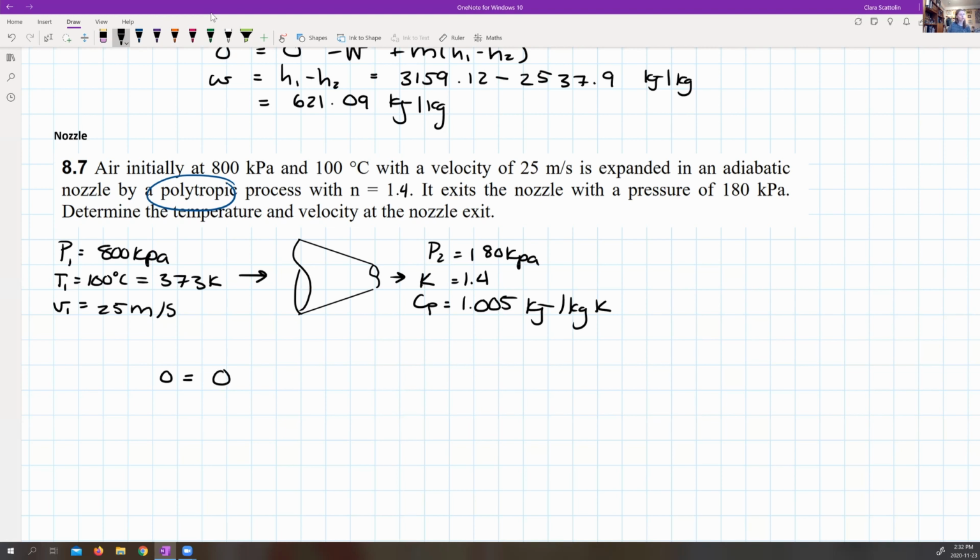It's adiabatic, so there's no heat. There's no work done either. There's no compression, expansion, anything like that. Nothing fancy's happening. There is a flow rate though. I have a flow in minus my flow out, and then I also have a velocity in, and then I will have a velocity out.